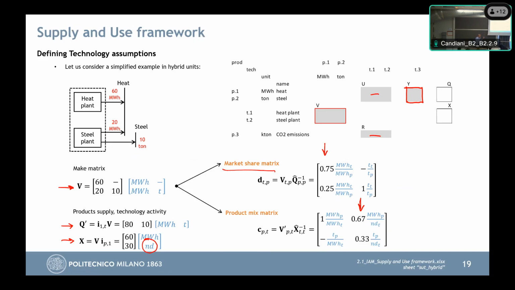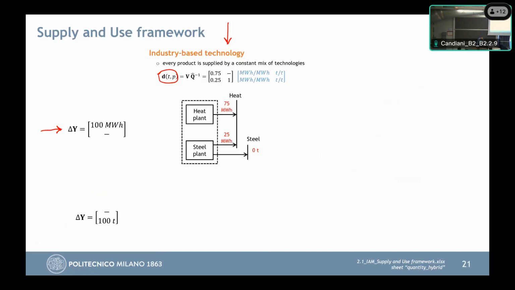So I expect that according to the industry-based technology assumption, 75 megawatt hour will be produced by the heat plant and the rest from the steel plant. Let's see here. Yeah. So we have 75 produced by the heat plant, 25 megawatt hour produced by the steel plant, and 0 tons of steel produced.